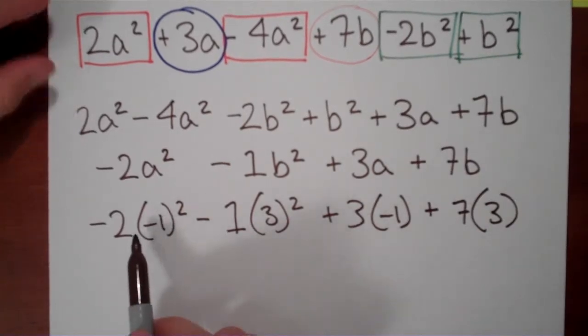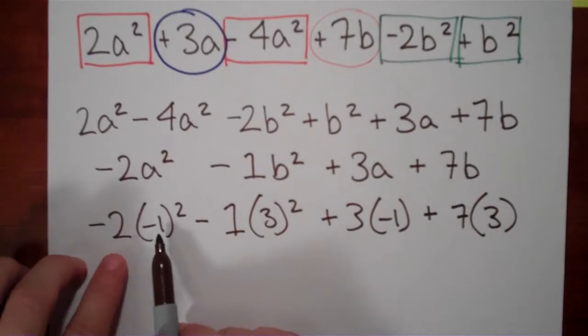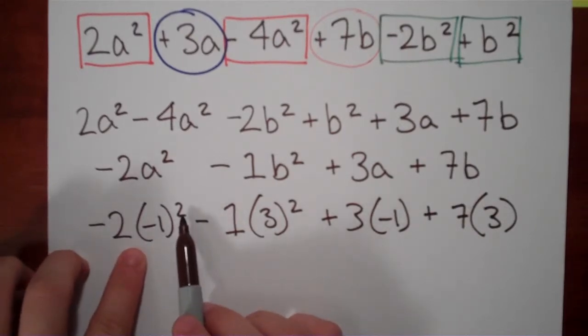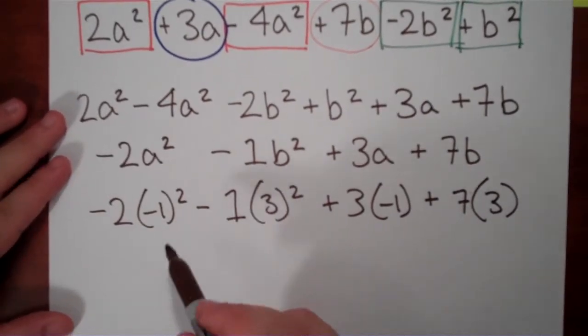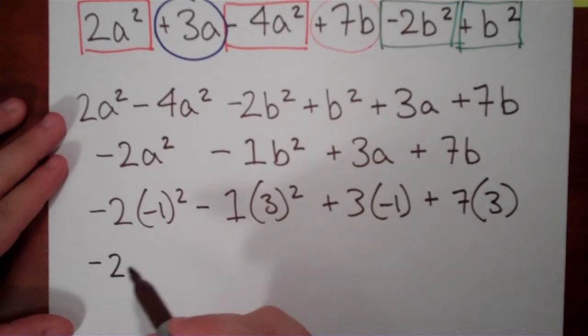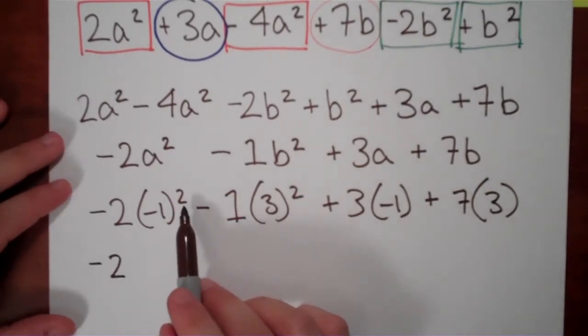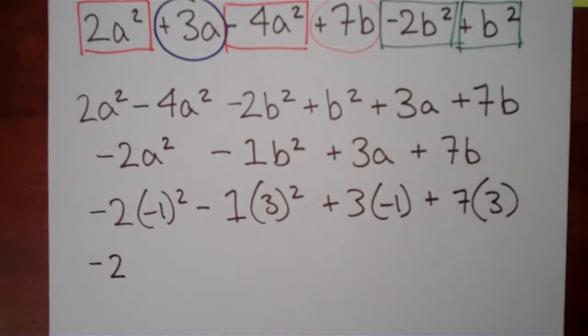Order of operations, we have multiplication here, negative 2 times negative 1, and then we have an exponent. So we got to do our exponent first. That comes first, so it's going to give us negative 2, negative 1 times negative 1 will be a positive 1. Two negatives multiplied together give you a positive, same sign.